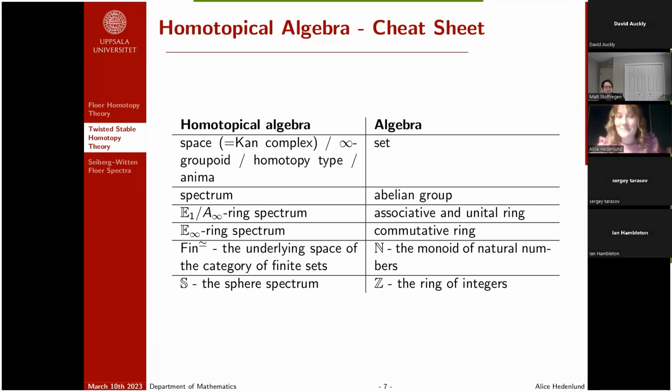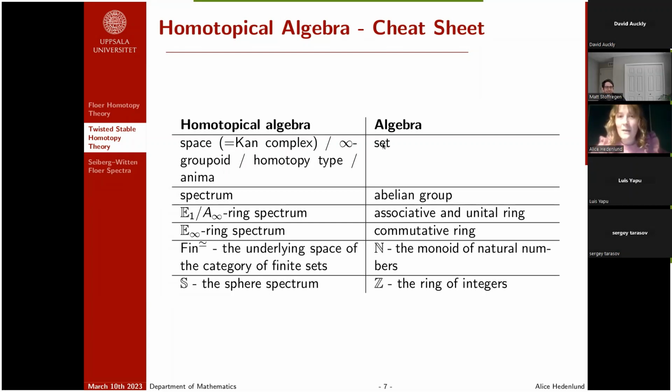So, fair warning. Better words would be something more simplicial in nature, so maybe the Kan complex of a space. The singular complex of a space would be an example of a Kan complex. There are other words for this: infinity groupoid, homotopy type, anima.